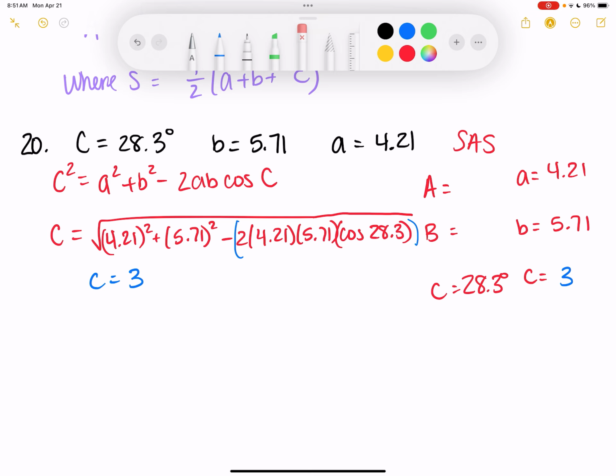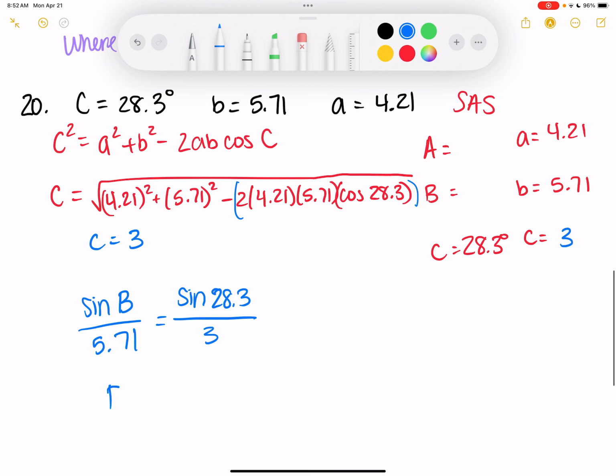So I've got the sine of B over 5.71 is equal to the sine of 28.3 over 3. So I end up with B is equal to the inverse sine, ultimately, of 5.71 times the sine of 28.3 divided by 3.